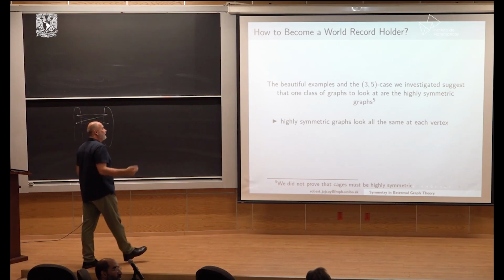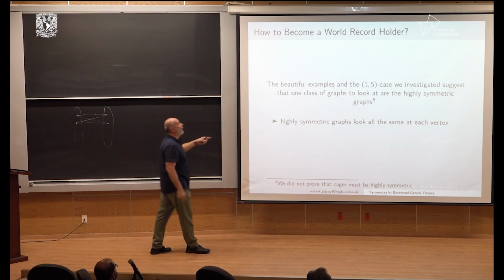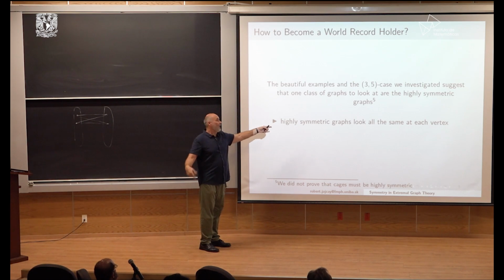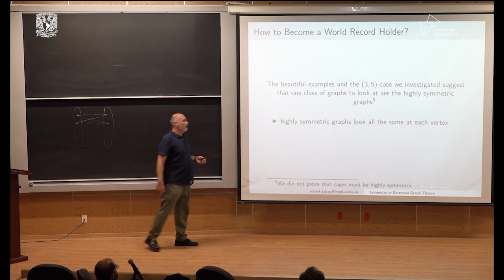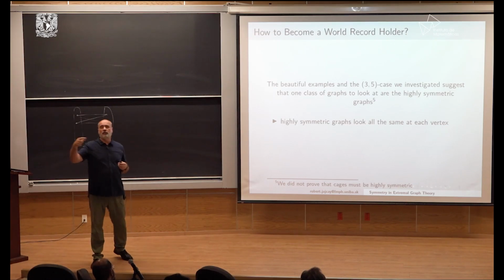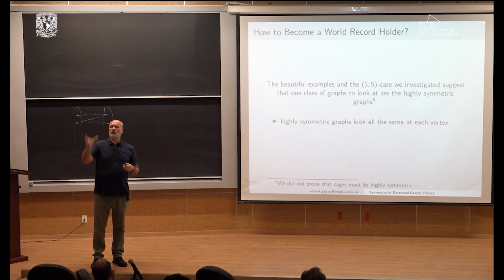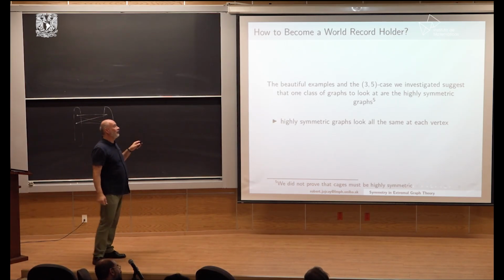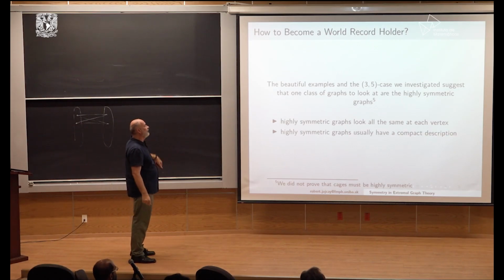But there are more reasons why it's not a stupid idea. It's not just because I like vertex transitive graphs, but highly symmetric graphs look the same at each vertex. So you sort of solve the problem once, and then you just carry it around with automorphisms.